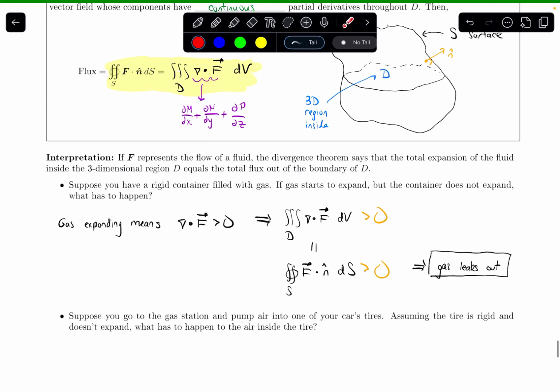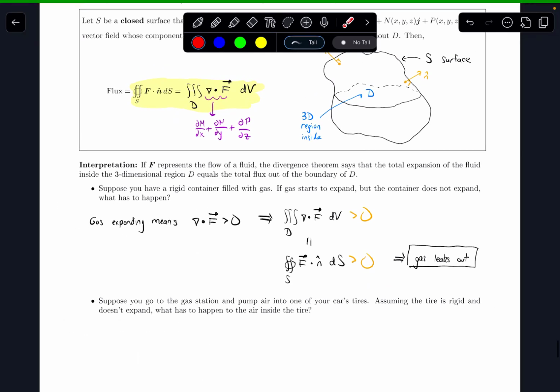And if we are pumping air into the tire, what is that going to tell us? We have a net movement of air into the tire.